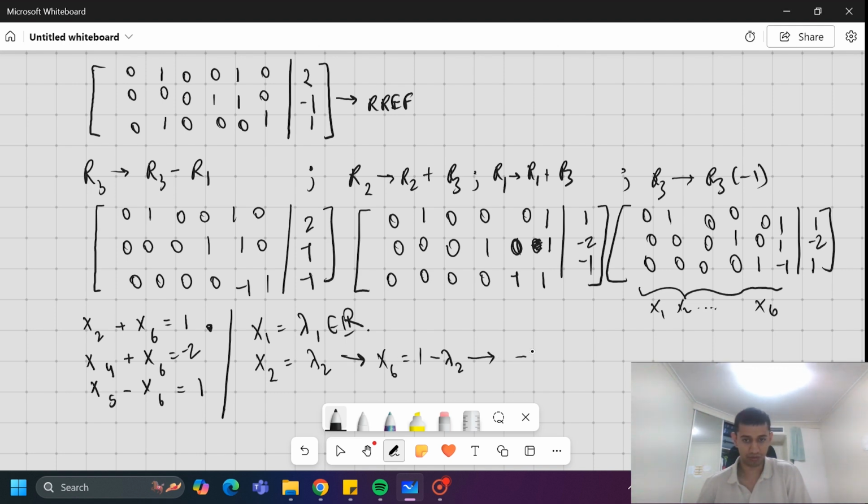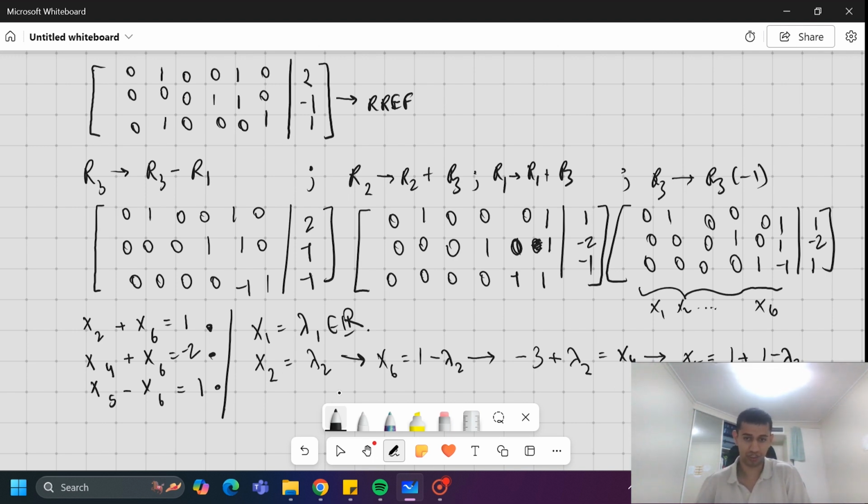So that is minus 3 plus lambda 2 is equal to x4. And using this further, x5 is equal to 1 plus x6. So x5 is equal to 1 plus x6, which is 1 minus lambda 2, so 2 minus lambda 2.